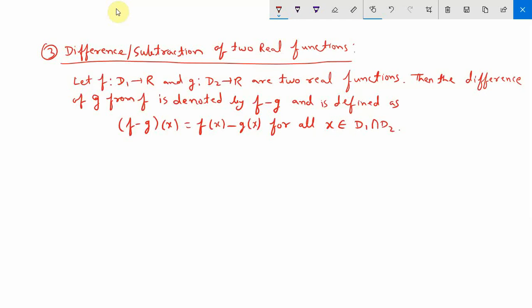Next, we will discuss division or quotient, the fourth one. So let f from D1 to R and g from D2 to R be two real functions.